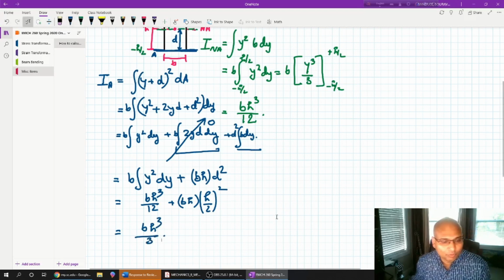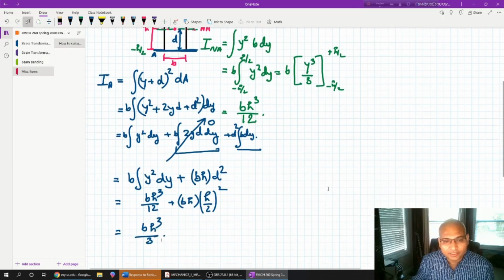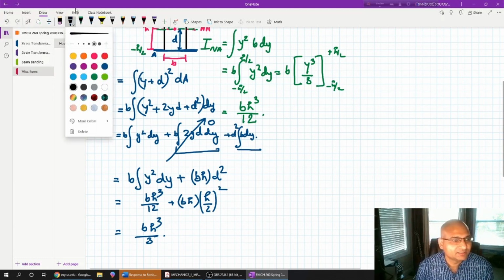So this is the moment of inertia of the section with respect to the blue axis, and the moment of inertia b h cube by 12 with respect to the green axis. Now if you recognize that this is the moment of inertia with respect to any centroidal axis.